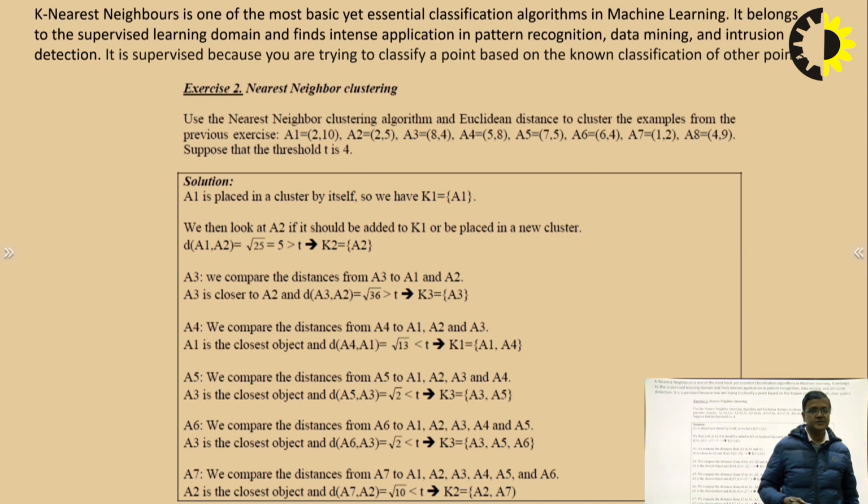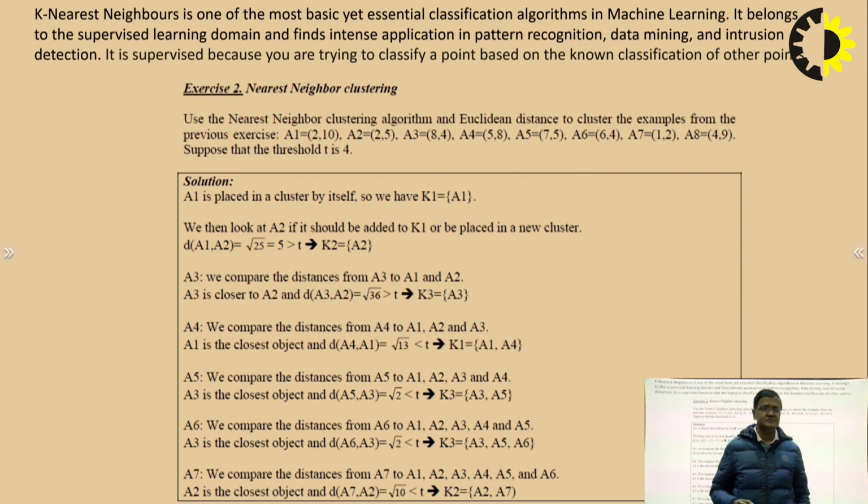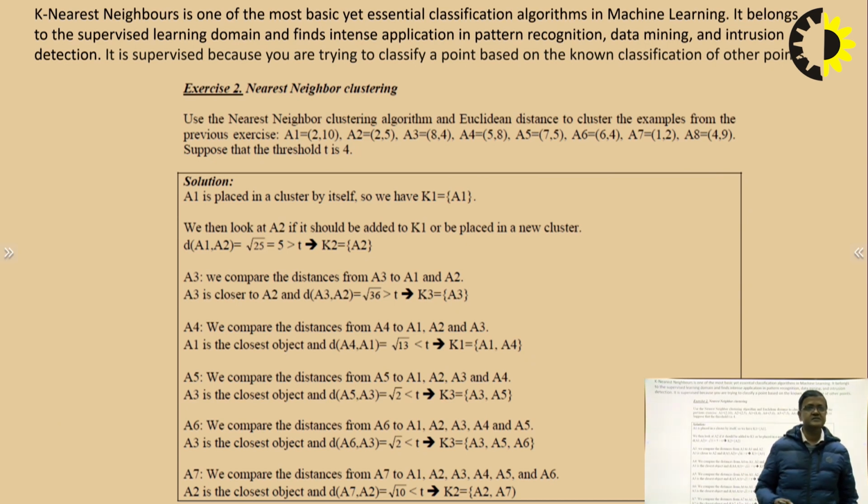Now we will proceed on to solve our nearest neighbor clustering problem. We are given 8 coordinates or 8 points in the Euclidean space, and we have to use the nearest neighbor clustering algorithm and Euclidean distance to cluster the examples from the given points.